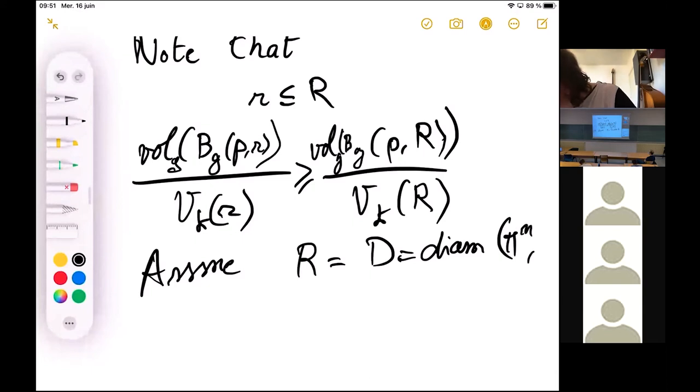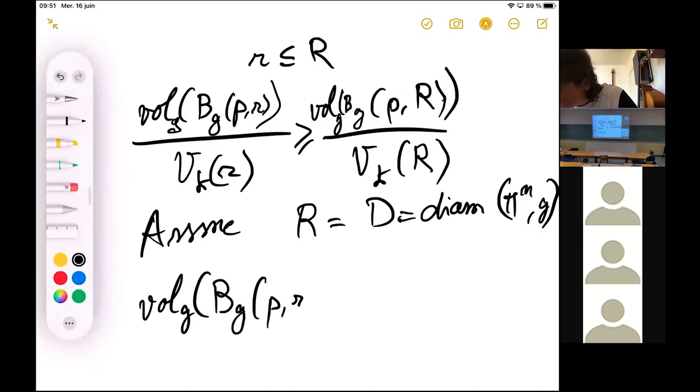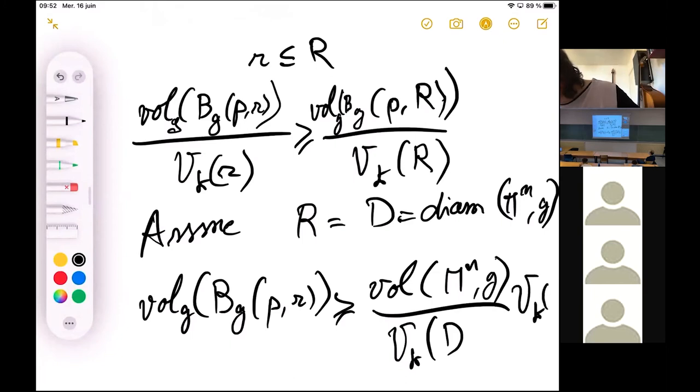Then the volume with respect to g of B_g(P, r) will be bigger than, if R is equal to the diameter, and maybe that's a bit overkill, maybe you can do better, but that's not a big deal, the volume of M over Vk of D times Vk of r.